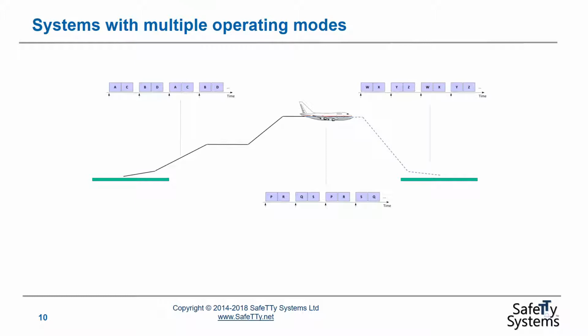The key thing here, the crucial point of this, is that the task sets in each of these operating modes are predetermined and can be analysed at design time to ensure that they provide the required behaviour. So if you like, these task sets are themselves static. They're checked and carefully analysed at design time.